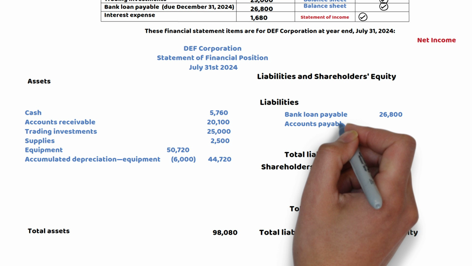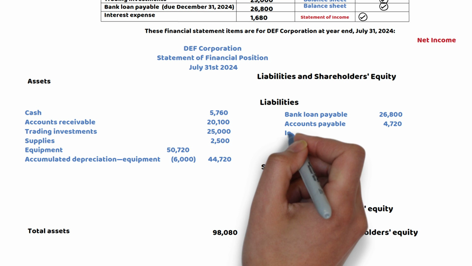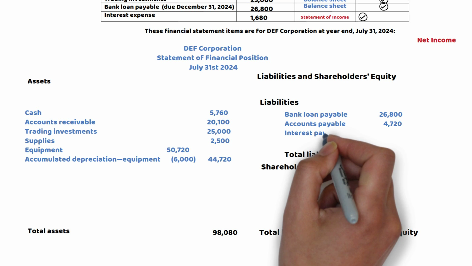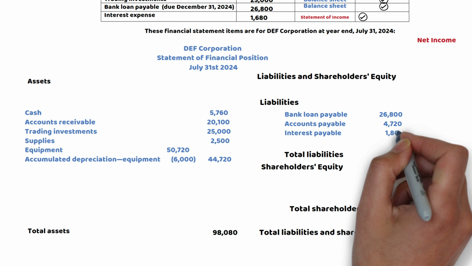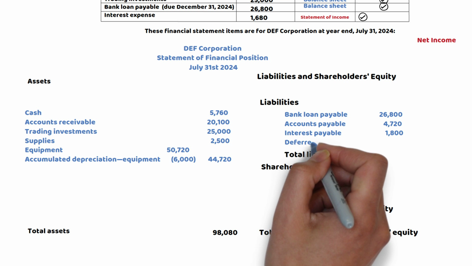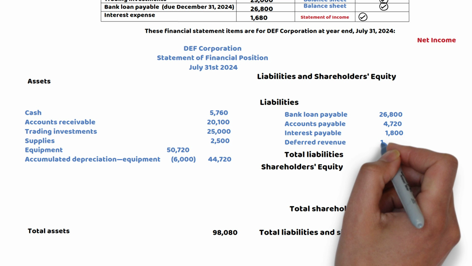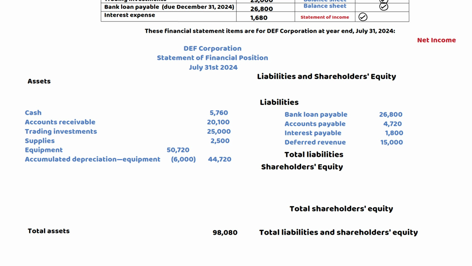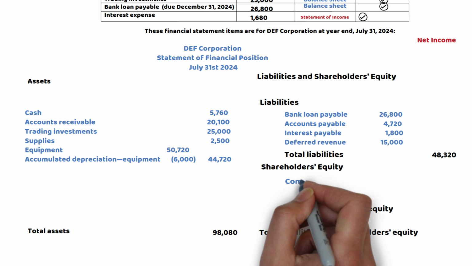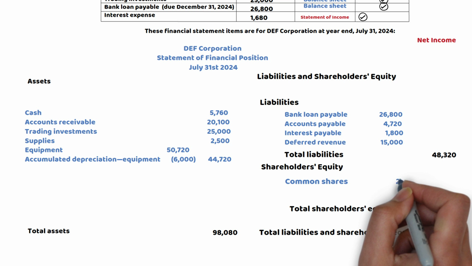Liabilities: bank loan payable 26,800. Accounts payable 4,720. Interest payable 1,800. Deferred revenue, this is a liability, okay, 15,000. Even though it says revenue, deferred revenue is a liability. So total liabilities are 48,320.